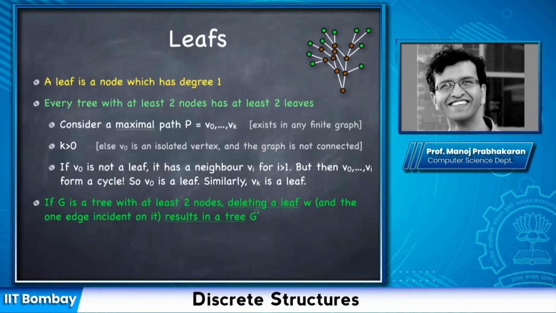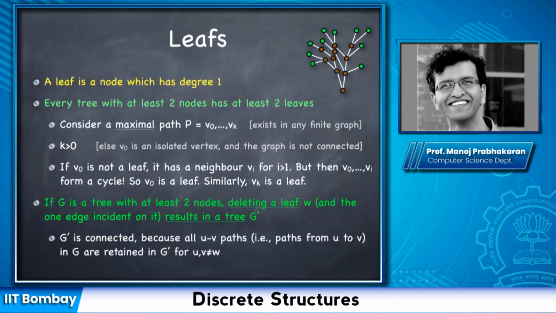Then we said it has at least two leaves, in particular at least one leaf. And suppose I deleted that leaf. So I deleted an arbitrary leaf W, and of course the one edge incident on it. I get an induced subgraph of G. And the claim is that that subgraph is also a tree.